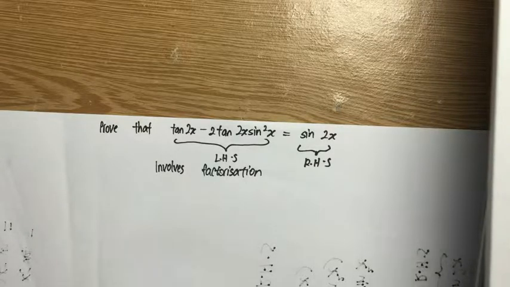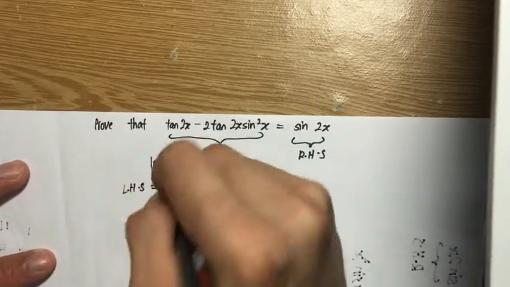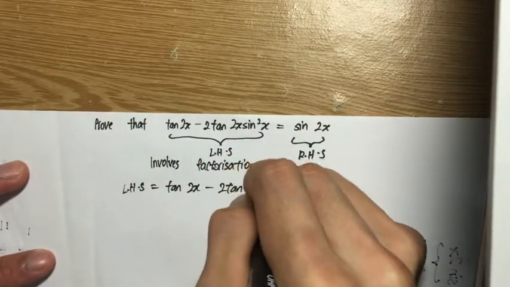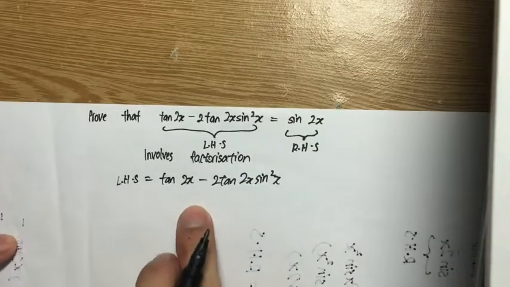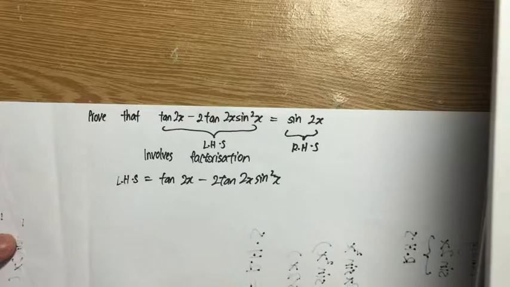Firstly, we begin by writing out the left hand side as tangent 2x minus 2 tangent 2x sine square x. We can see that the common term over here is tangent 2x. Hence, we can factorize it out of the entire term.